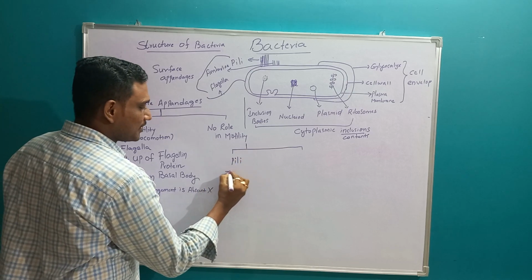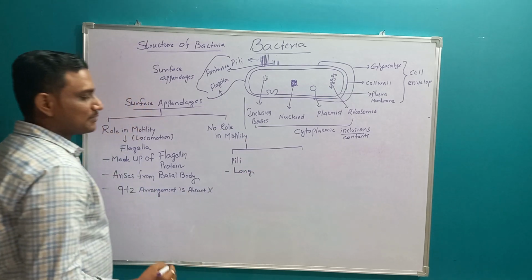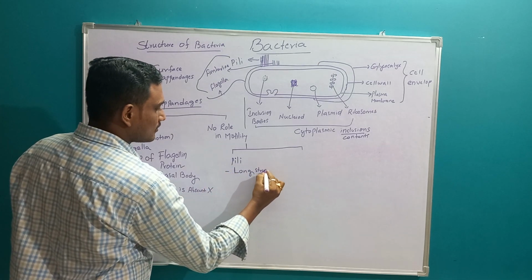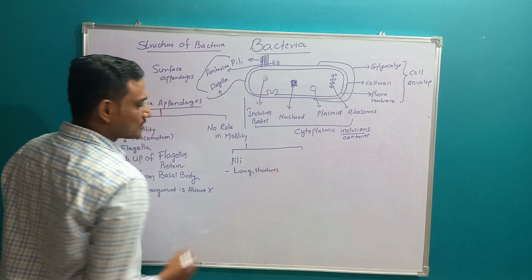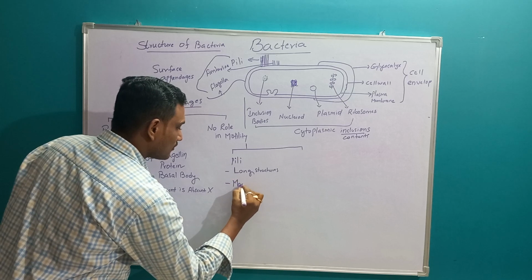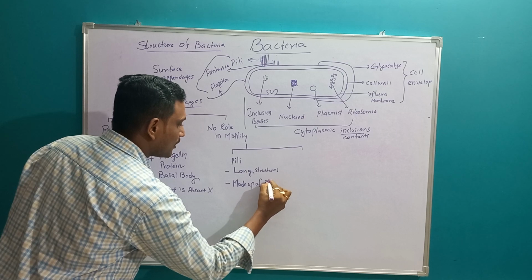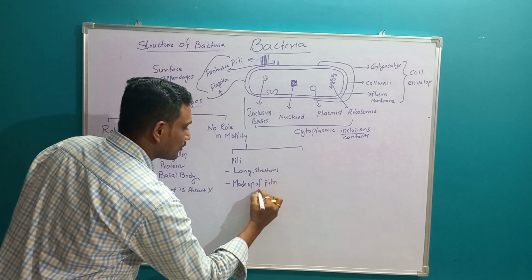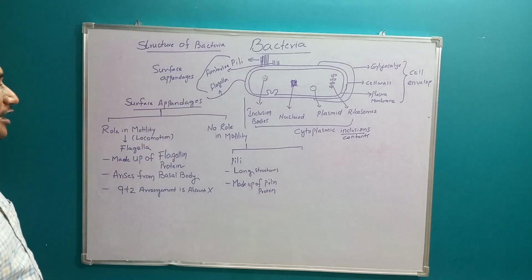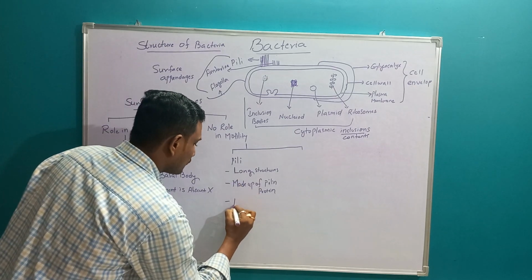These pili are long structures made up of pilin protein. The main function is to form a conjugation bridge during conjugation.